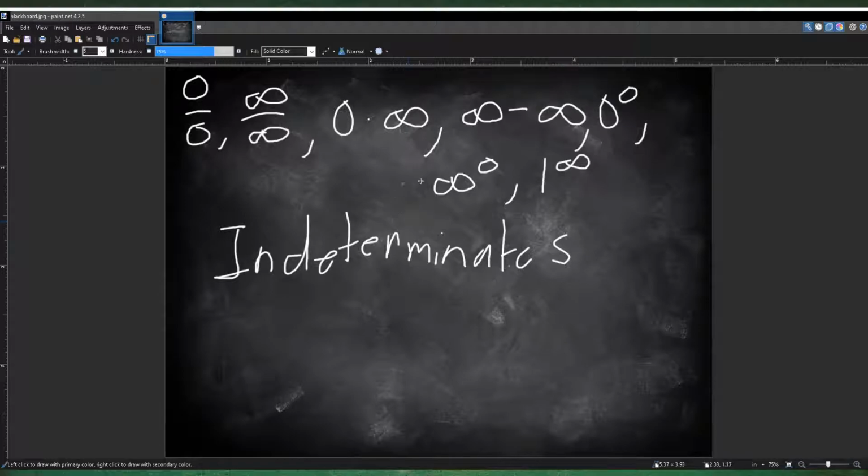Okay? So if you have any of these cases, all you could do is use L'Hopital's rule. You could always use this rule.